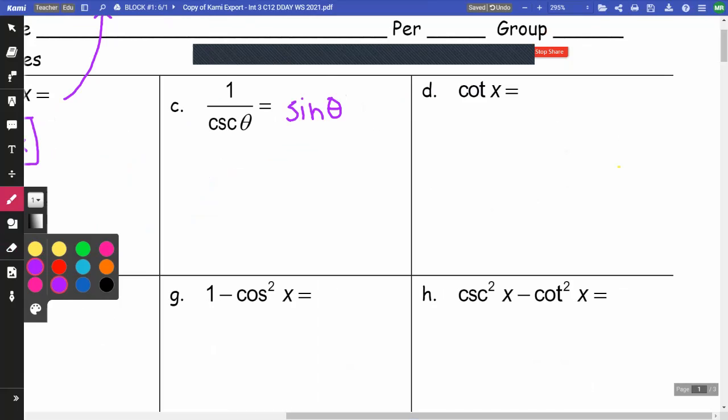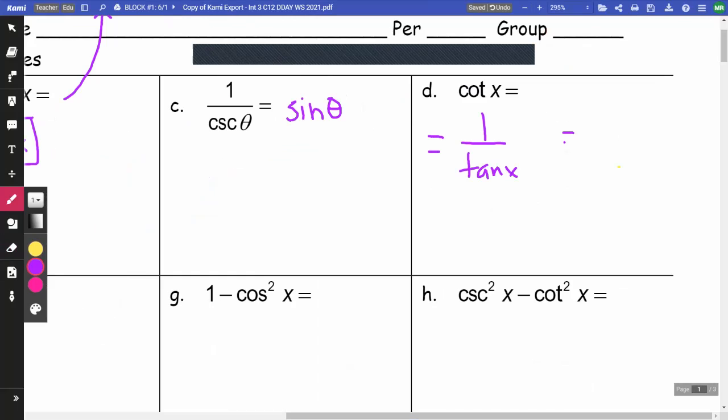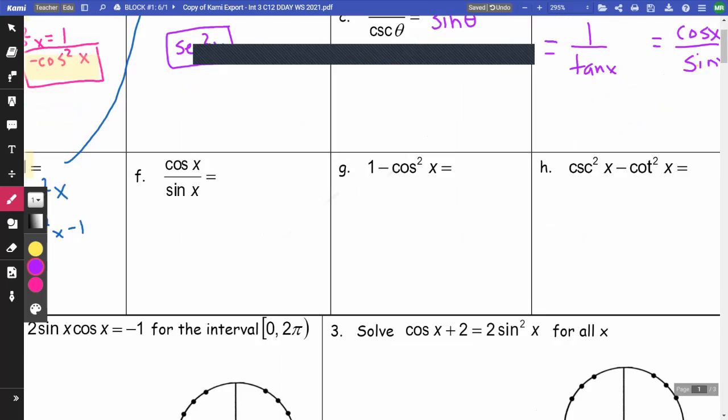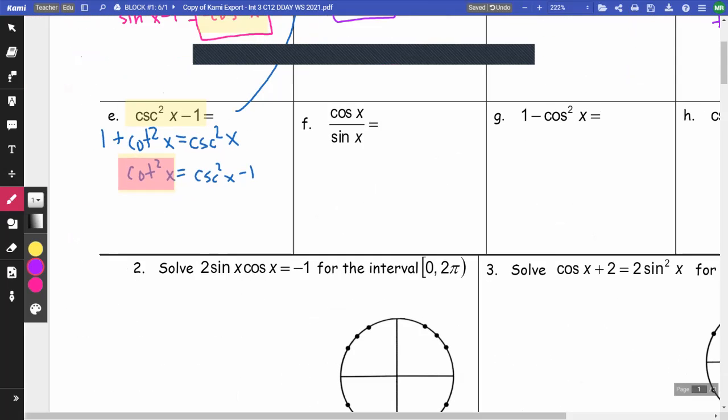You could write it as 1 over tangent x, or you could also have written it as cosine x over sine x. Okay, those are both equivalent to that. Cosine x over sine x, that is going to be cotangent x.